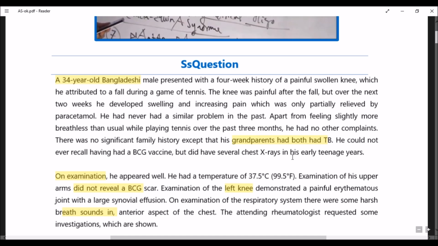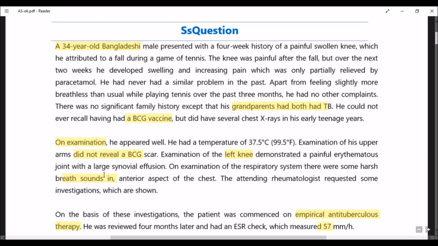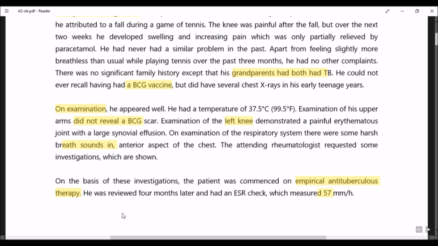So, with the scenario, the history says that he is Bangladeshi, his grandparents both had TB, and he didn't have the BCG vaccine. So these are risk factors for the development of tuberculosis, no doubt, and there was no BCG scar as well. But the thing is that TB is being excluded because of these investigations.